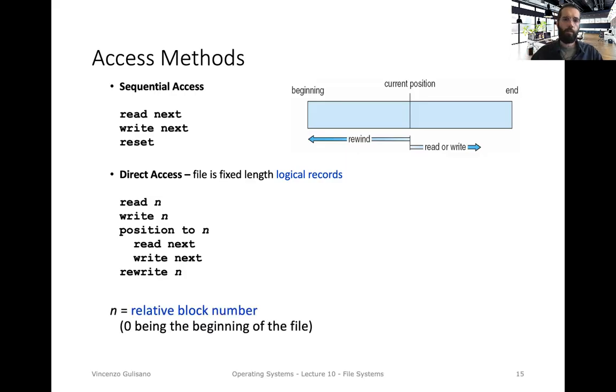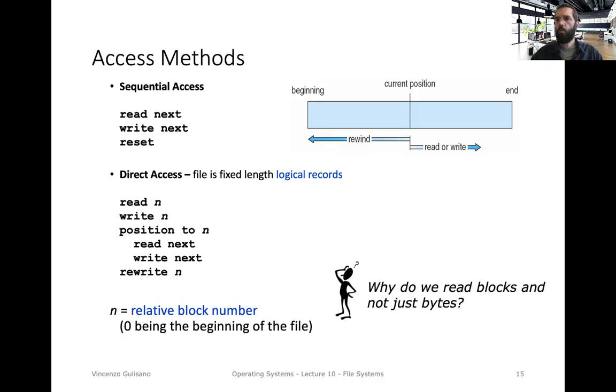Now, independently of which one of the two we use, the operating system reasons in terms of blocks, okay? So whether we read one thing after the other or we access something at a specific position, the minimum unit we can use to interact with the disk is called a block, which is a certain amount of bytes, as you can imagine.